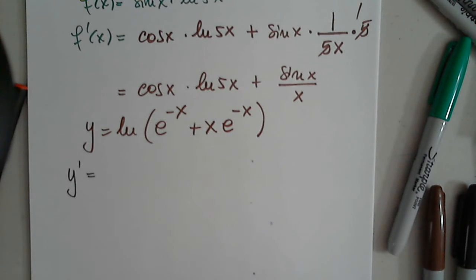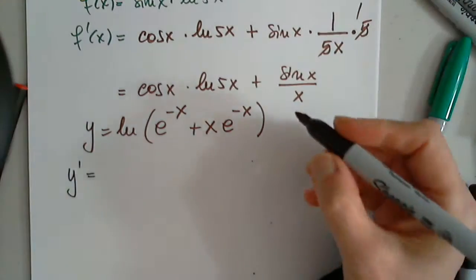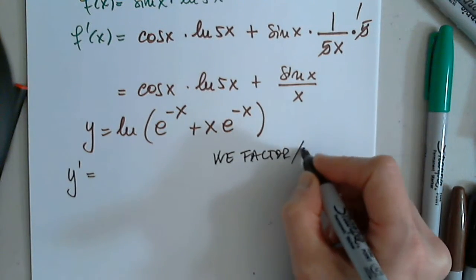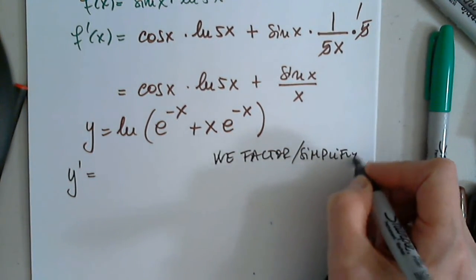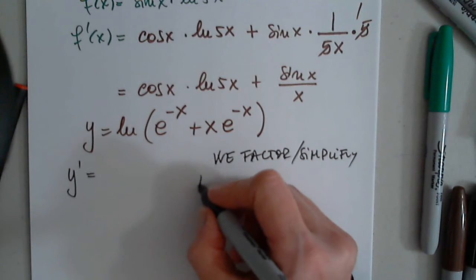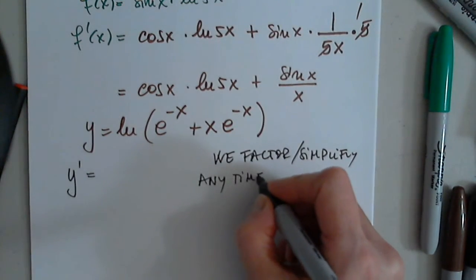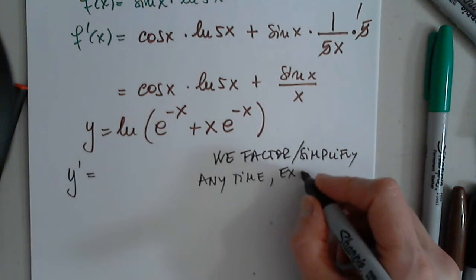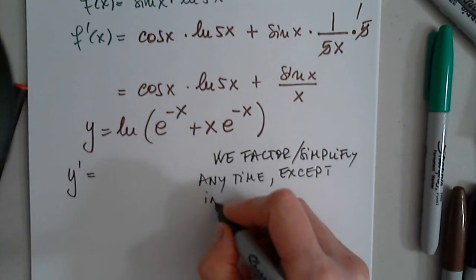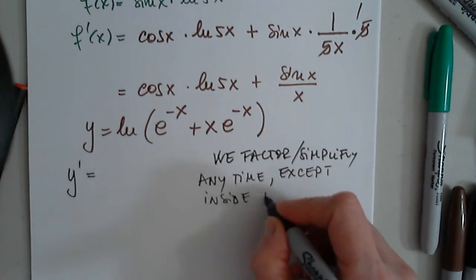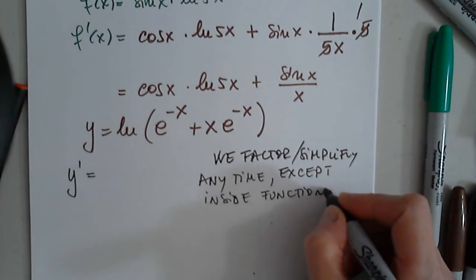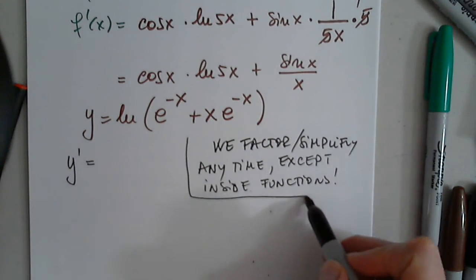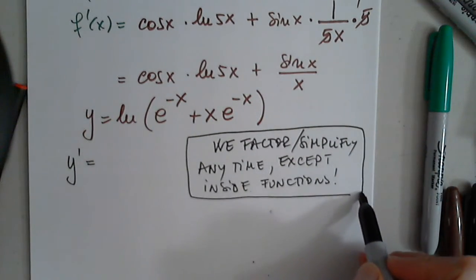So we factor, simplify, anytime, so almost all the time, except inside functions. It's a very good point. If you hadn't said that, I would never have thought of mentioning it.